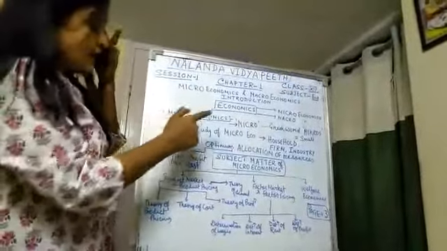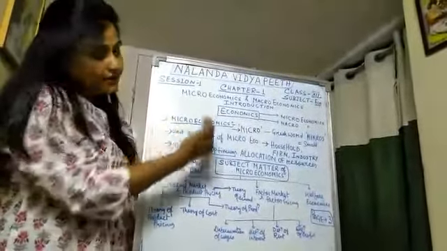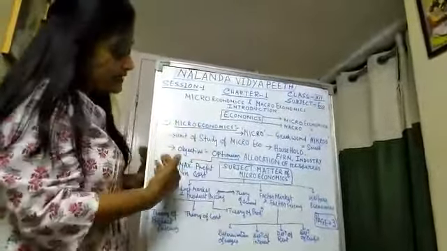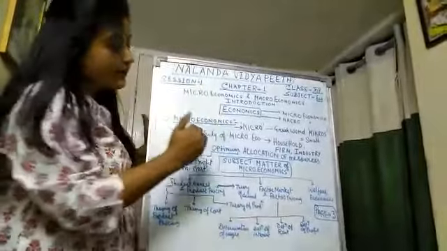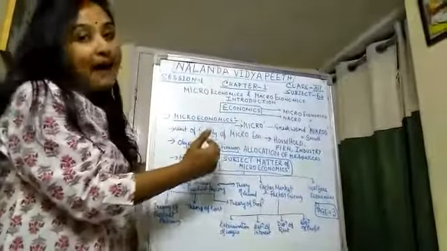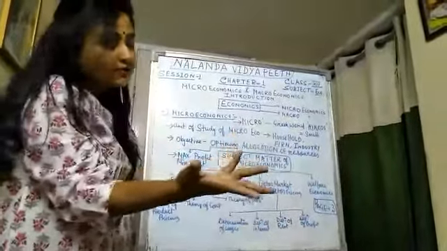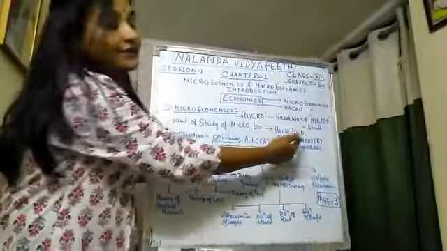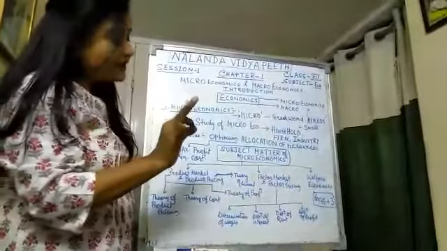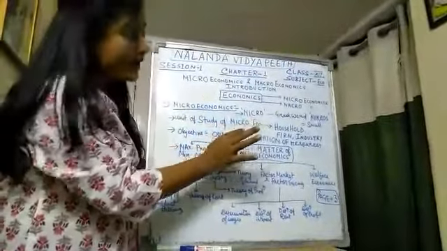It shows that this stream of economics deals with a unit of study. Which are the units normally dealt with by microeconomics? Household, firm, industry. That means individual units are dealt with by microeconomics.